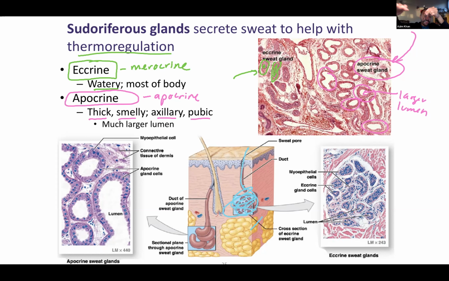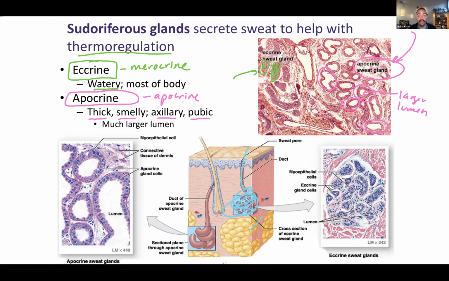If I just slice it, you'll see a bunch of cut pieces. That's what you're seeing here. All those circles are cut pieces of tubes that extend to the surface of your skin, and these are what secrete sweat to the surface of your skin.